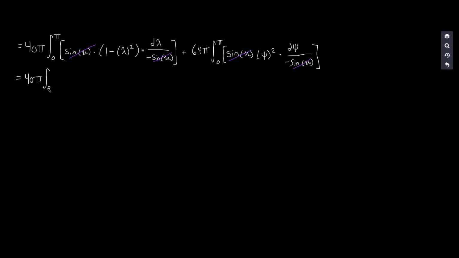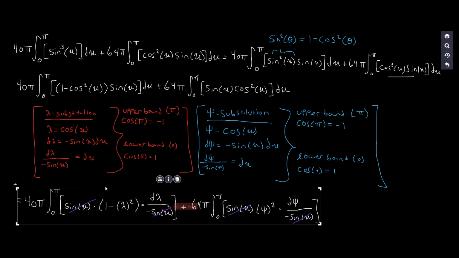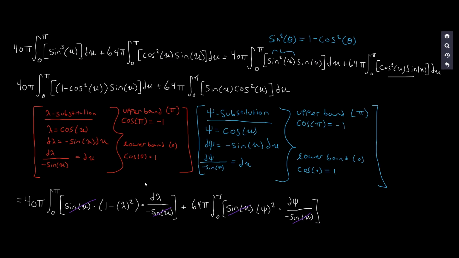Oh no, I just realized something. I forgot to change the bounds of integration, right? Because we didn't account for the new upper bound and the new lower bound. So all we really have to do is switch out these bounds as well. So here and here, the new upper bound is -1 and the new lower bound is 1.